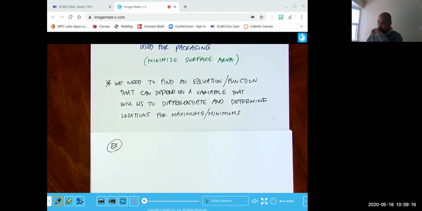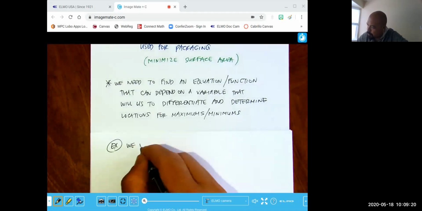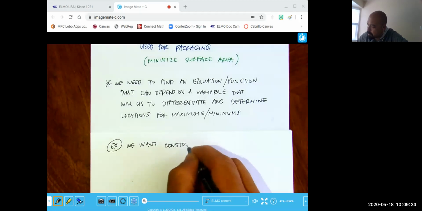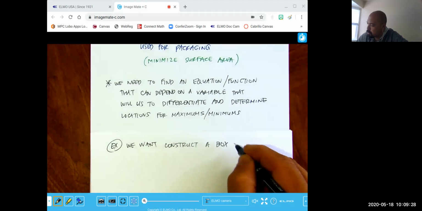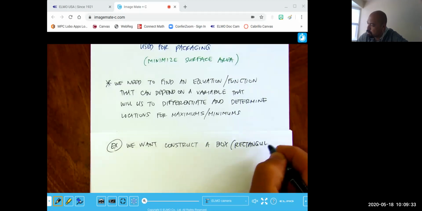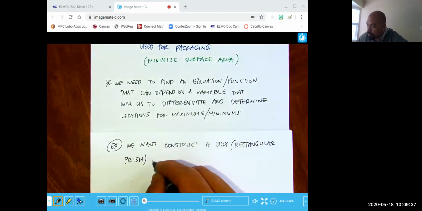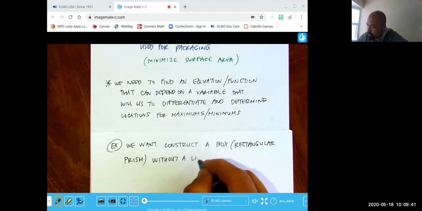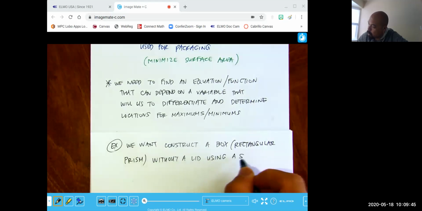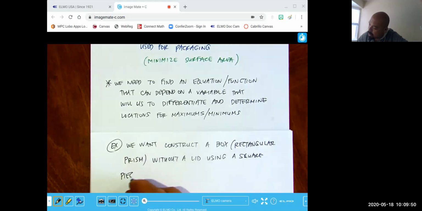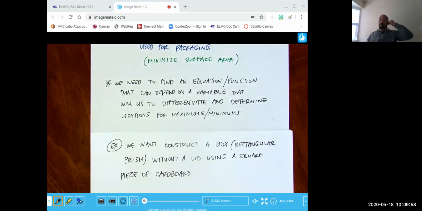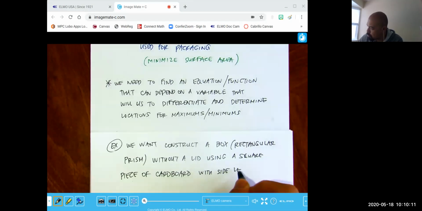All right, so for this example, let's say here that we want to construct a box, this rectangular prism in 3 dimensions, without a lid, using a square piece of cardboard with side length 3 feet.